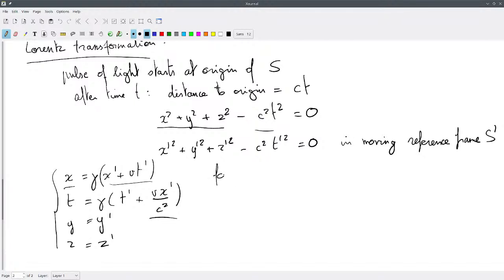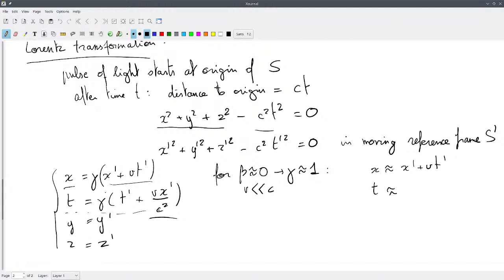So for beta approximately equal to 0, gamma is approximately equal to 1, and in this case, of course, v is much less than the speed of light. So if we use that, we find that x is approximately equal to x prime plus v times t prime. t is approximately equal to, let's look at what we have here in the expression.